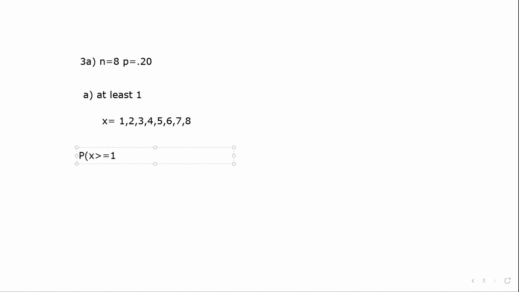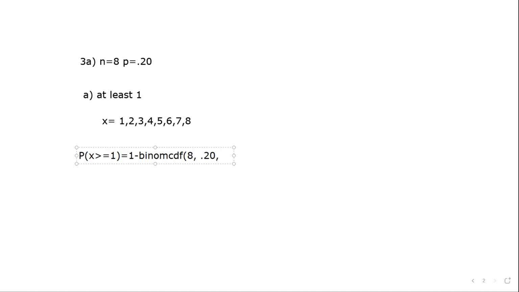And if you remember from slide 15, when you're starting from other than 0, we have to use the 1 minus. So we're going to write equals 1 minus binom CDF, N is 8, P is 0.20, and you end it at 1 before this.